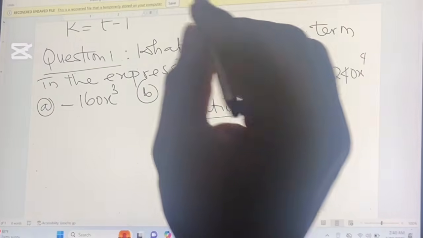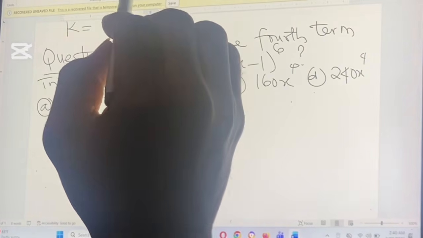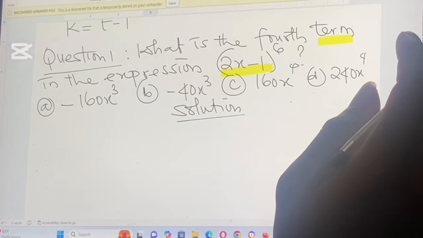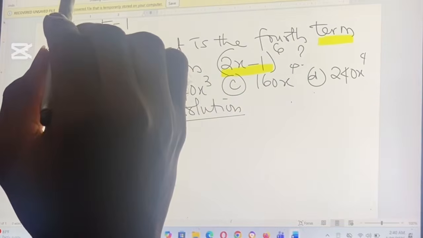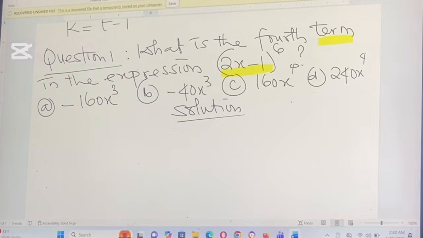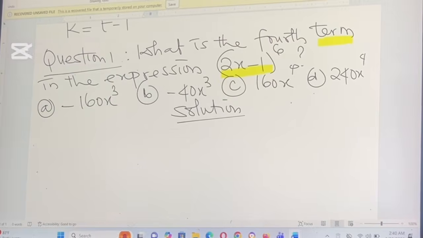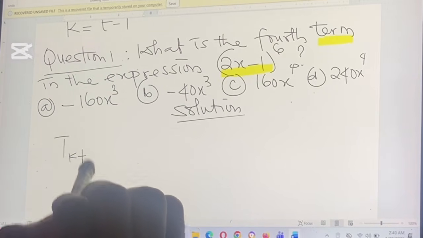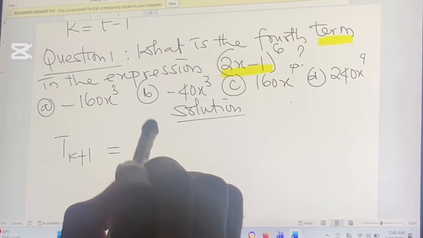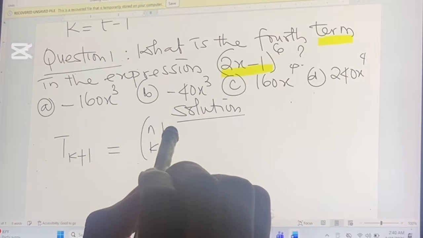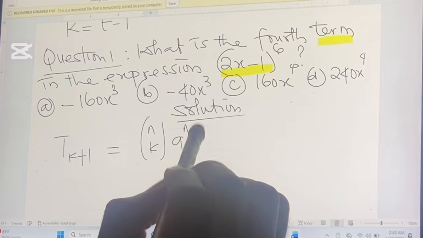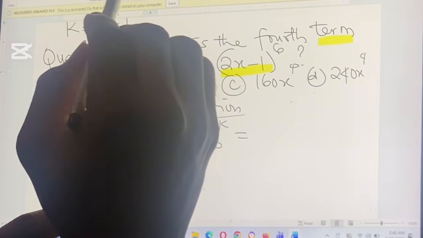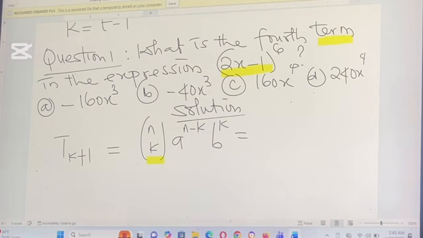All right, class, we are asked to find the term of this binomial expansion here. So to solve for the term of any binomial expansion, the formula to use is this: T of k plus 1 is equal to n choose k, times a raised to the power of n minus k, times b raised to the power of k, where the bracket here represents the combination n choose k.